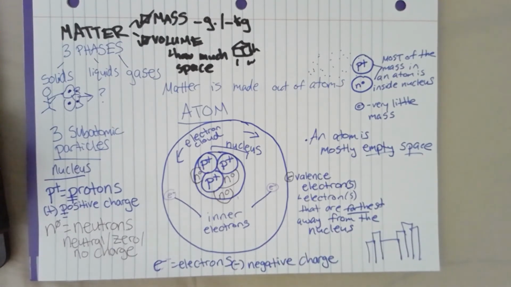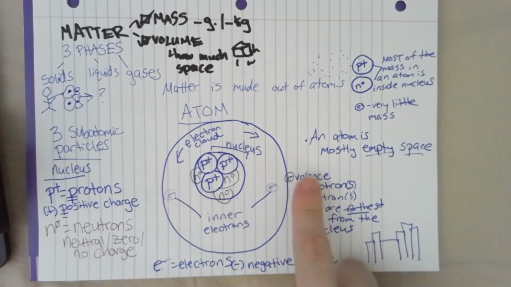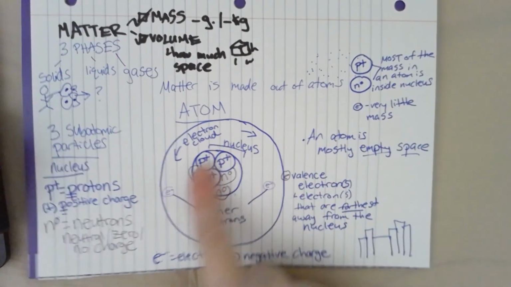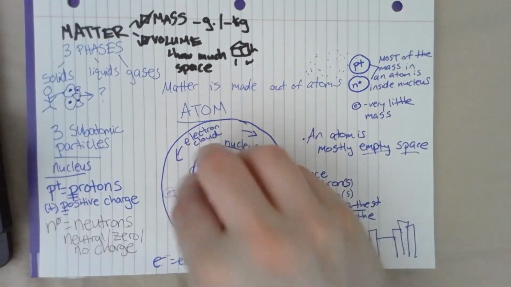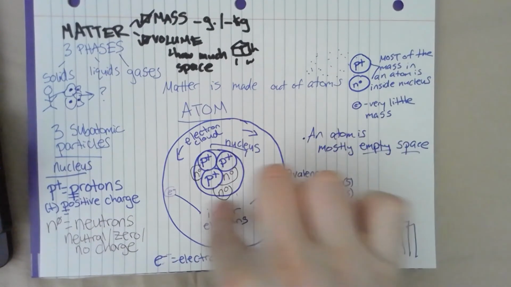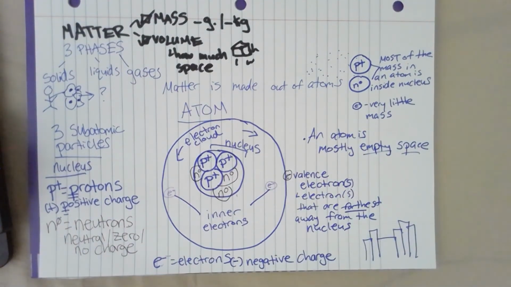Next question. An atom is mostly what? Good job. An atom is mostly empty space. There's a lot of empty space here. This is mostly empty. Next question. Where is most of the mass of an atom?